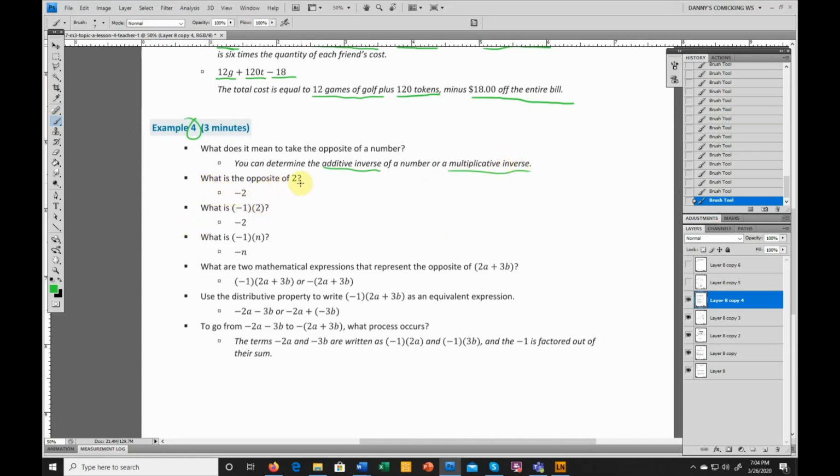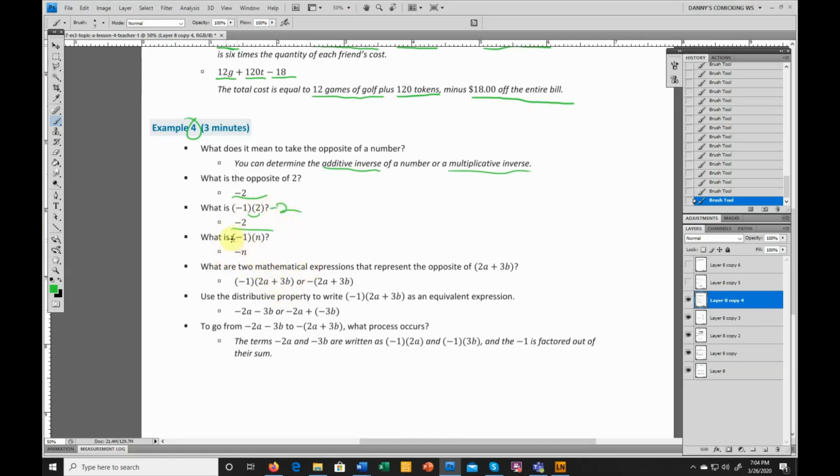What is the opposite of 2? Minus 2. What is the opposite of minus 1 times 2? Minus 2. Because 2 is still times 1, so that would equal 2, but you have a minus and a plus, so that equals minus 2. Don't let that trick you.